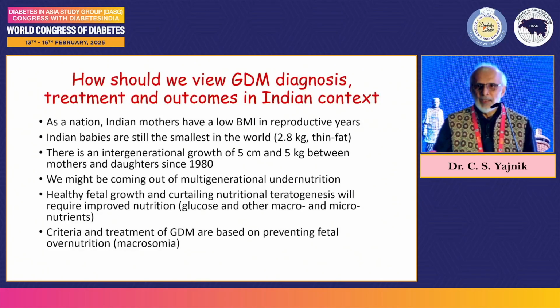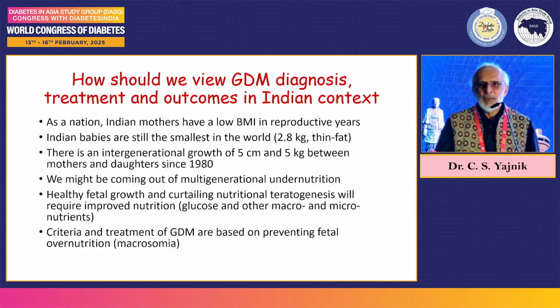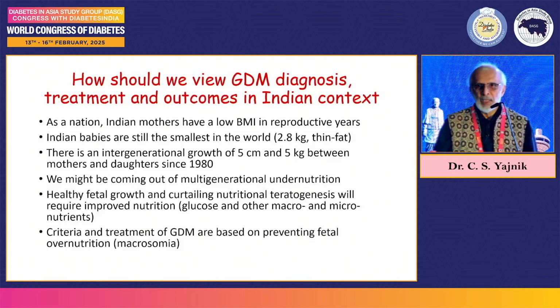If we were to believe David Barker's theory of thrifty phenotype, that is, undernutrition in utero being a risk factor for future diabetes, I think there is an urgent need to demonstrate that what we are doing is not causing more harm than good. Primum non nocere.